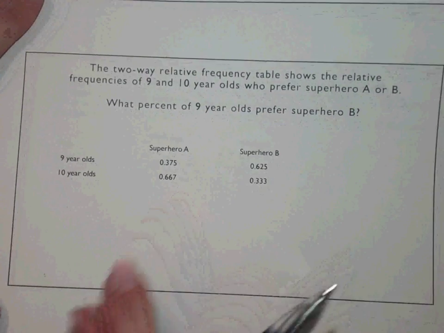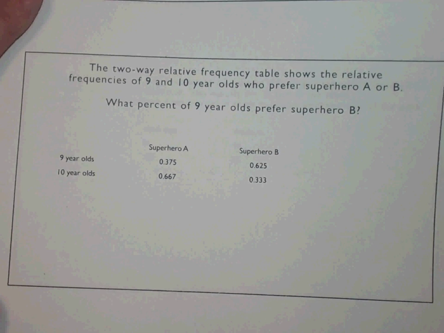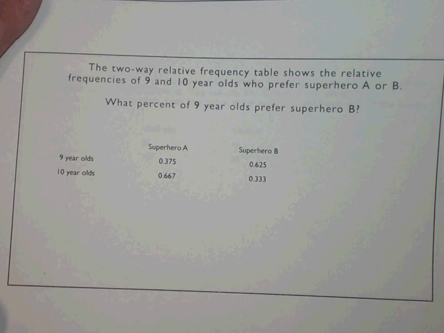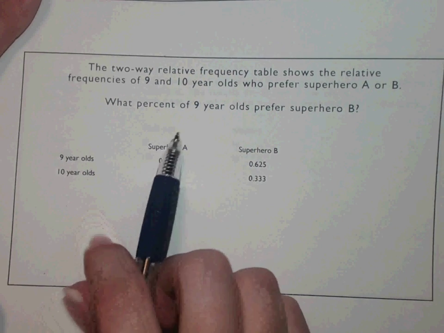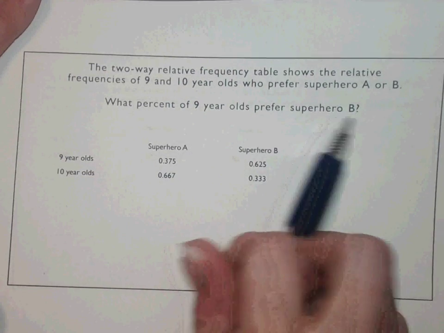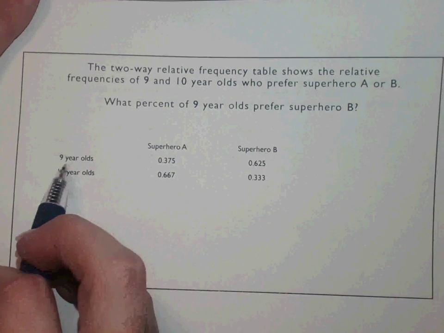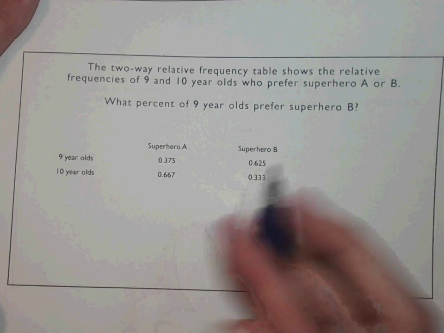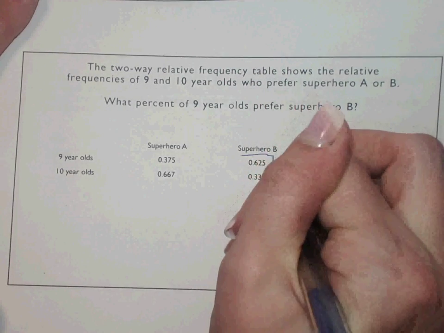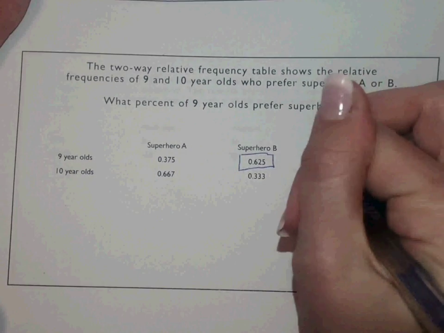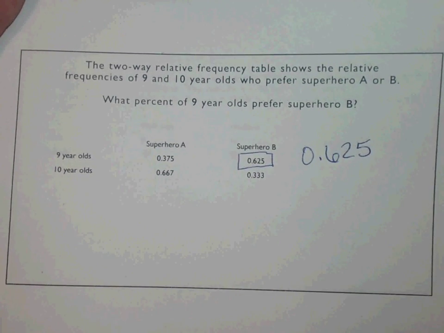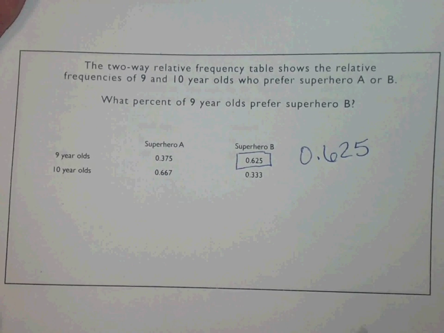Okay, let's look at this bottom one. The two-way relative frequency table shows the relative frequencies of 9 and 10-year-olds who prefer superhero A or B. What percent of 9-year-olds prefer superhero B? So I'm going to look at 9-year-olds, and I'm going to go over to superhero B. And it says the relative frequency is 0.625.